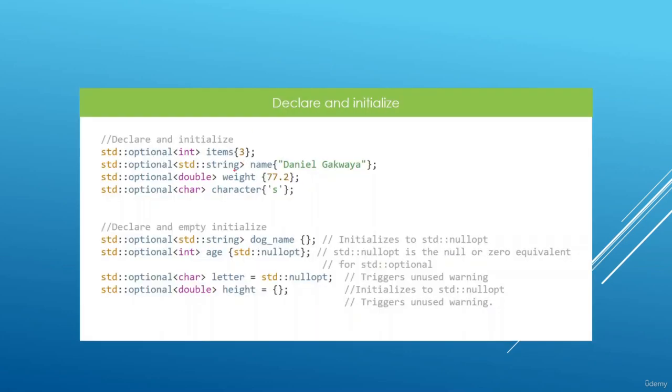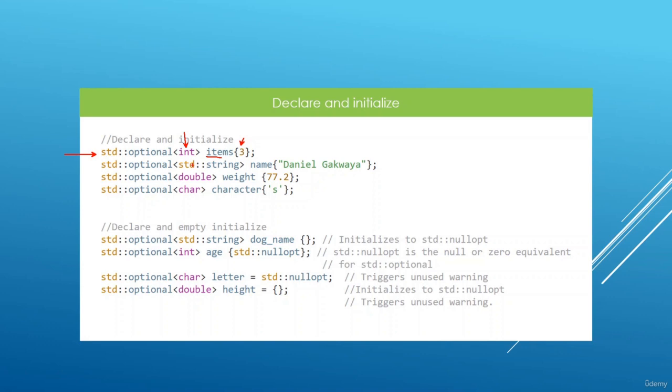Here is a simple example of how we can declare and initialize std::optional variables. Here we have an std::optional variable called items, and it is wrapping an int, and it is initialized with a 3 here. You say std::optional, you say angle brackets, you say the type you are wrapping around, and then you initialize that with a value.